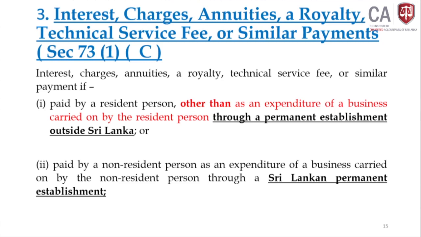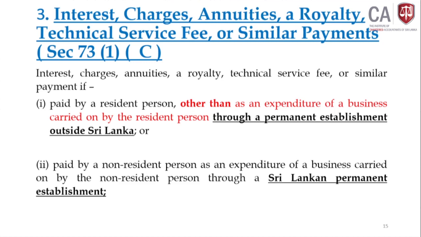Now, you can see from the Roman 1 provision, this is an excluded one, excluding a payment. This kind of payment, first thing, it has excluded. Excluded on what? Paid by a resident person other than an expenditure of business carried on by the resident person through a permanent establishment outside Sri Lanka.